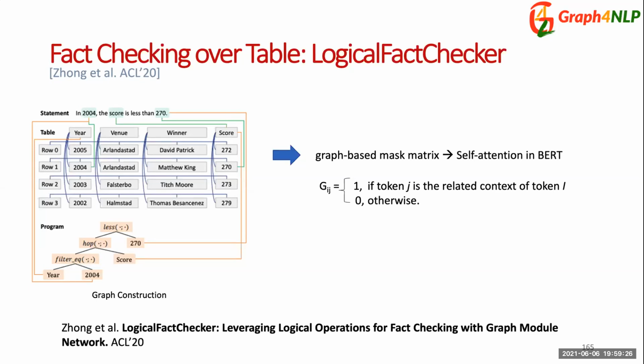In addition, they're also linked to the corresponding cell or column in the table, and also legitimate arguments in the program. So you can see the graph really fully captures the local information and also the connections across different inputs. So this was used to construct a graph-based mask matrix, which is then used in self-attention in BERT.